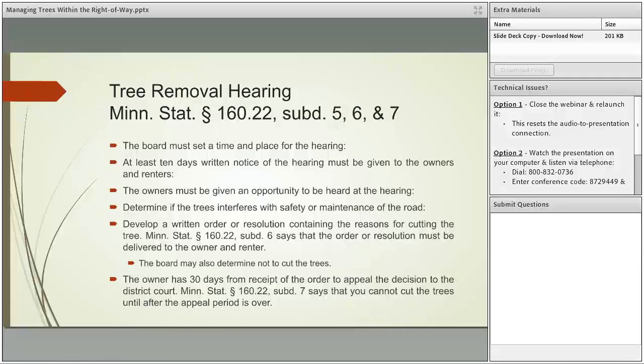The statute doesn't specify here what the needs are for publishing or posting notice for the rest of the town. Obviously, this is an open meeting, so there must be posted notice. And so best practice would be to also publish and post notice in accordance with the written notice.